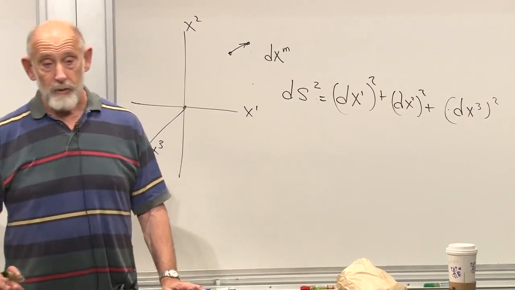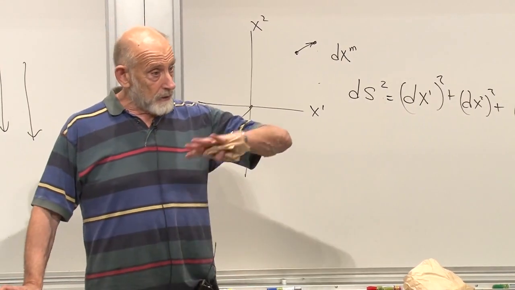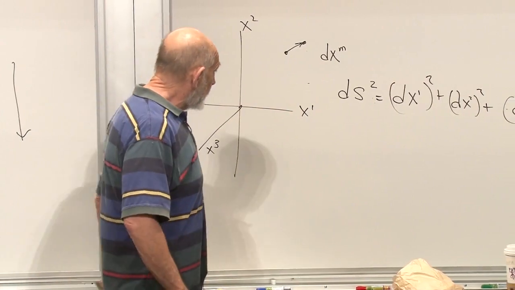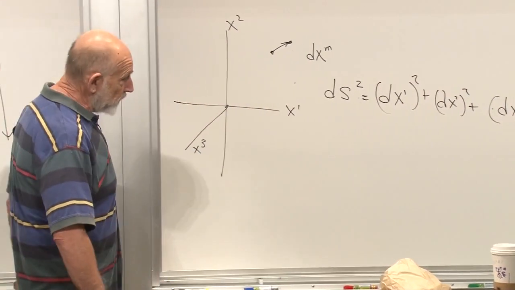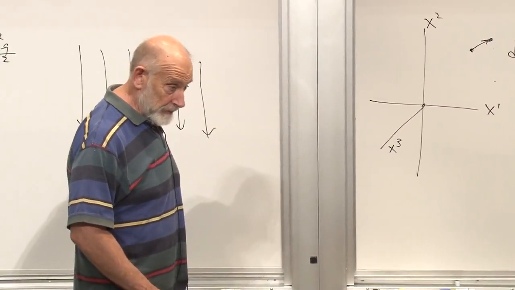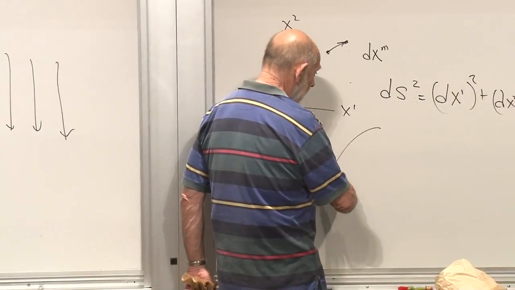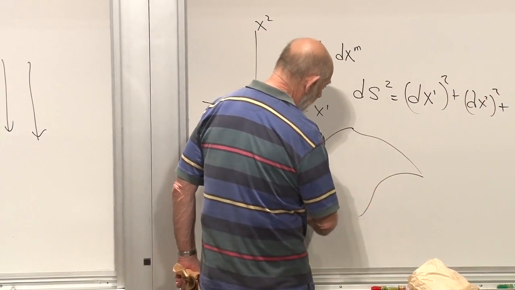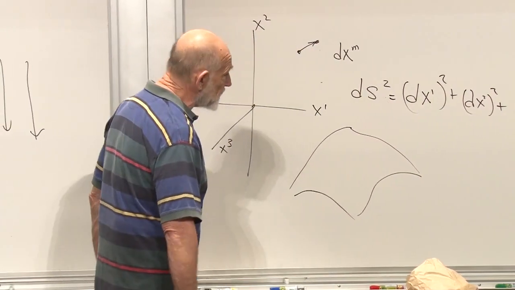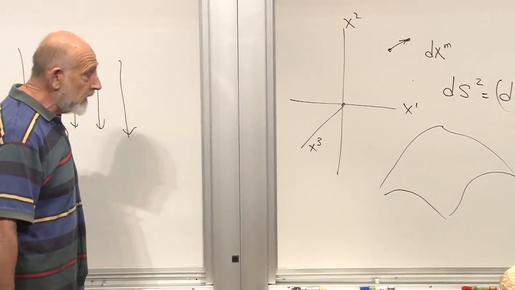Now, Gauss had already understood that on curved surfaces, the formula for the distance between 2 points was more complicated in general than this. Two-dimensional surfaces, and Riemann generalized this to arbitrary dimensions, however many dimensions you have.